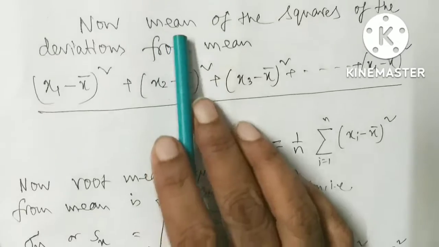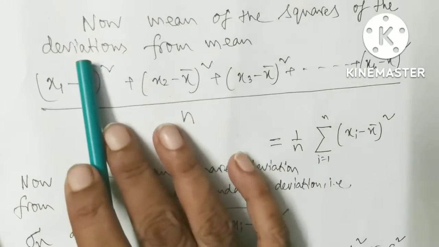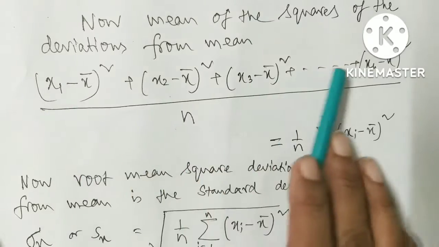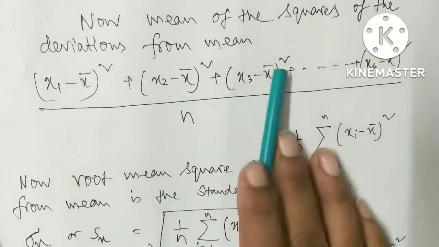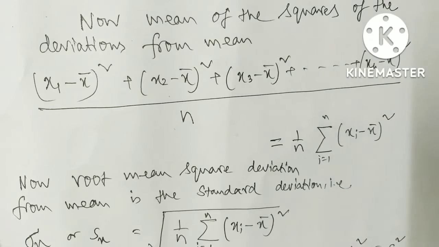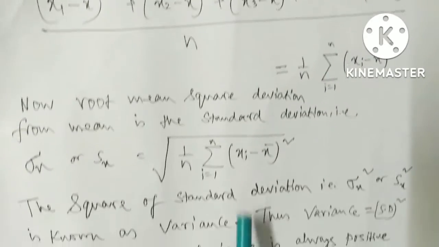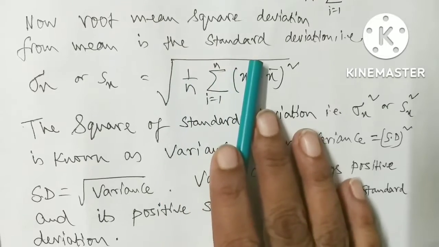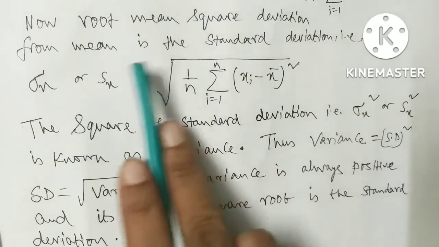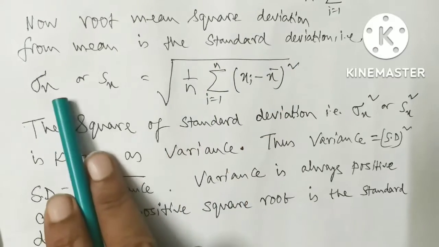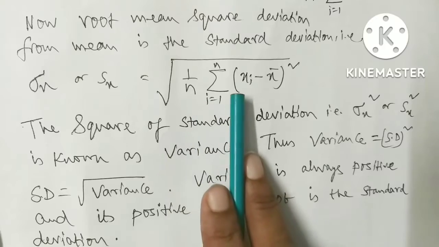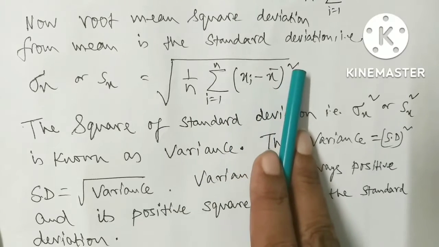Now the mean of the squares of the deviations from the mean, that is, the elements 1, 2, 3, 4 up to n divided by n, gives us 1 by n summation xi minus x bar square. Now the root mean square deviation from the mean is the standard deviation, that is, sigma x equals s x equals root over 1 by n summation xi minus x bar square.